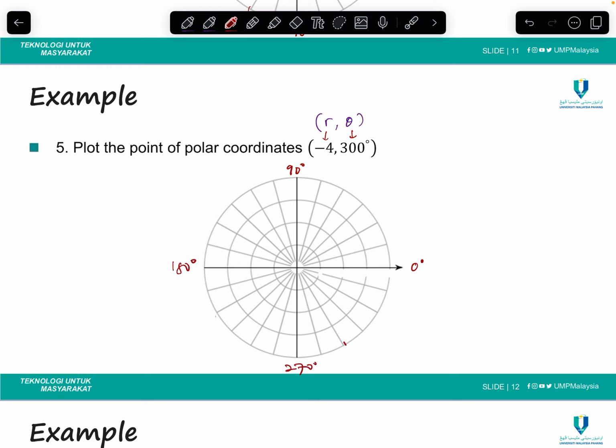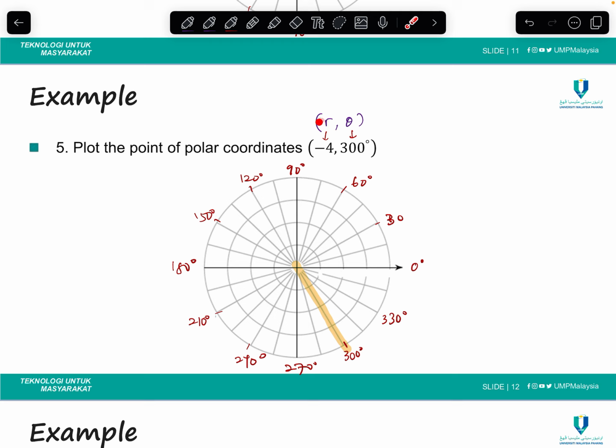Where is 300? 300 is here, and you can fill in the middle points of the angles by 30-degree increments. Now you know that your 300 angle is here. That is our direction.